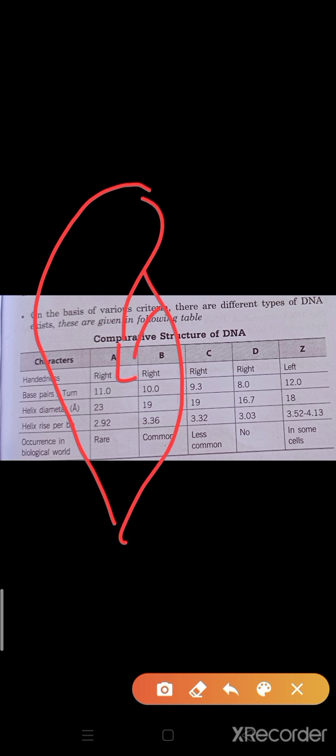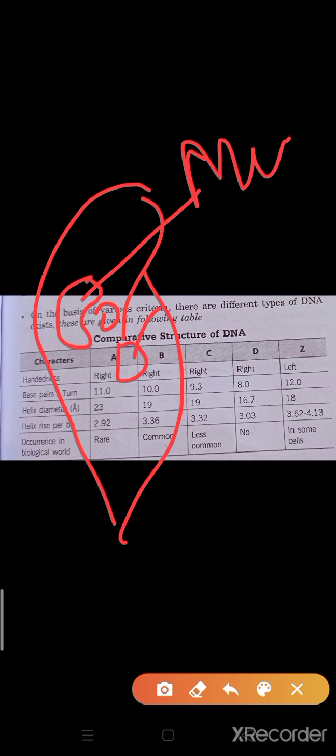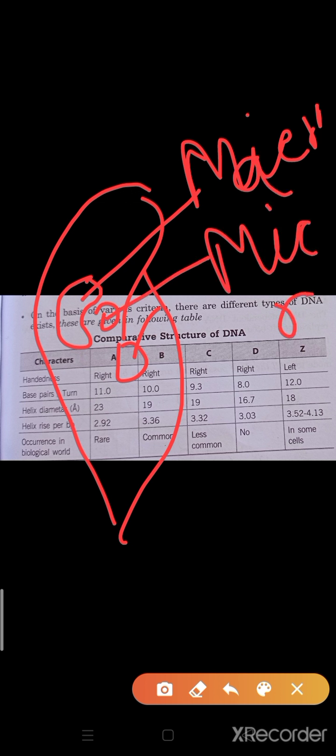A simple example I am giving you is the paramecium. If you remember, paramecium has two types of nuclei: one is the macronucleus and the other is the micronucleus.